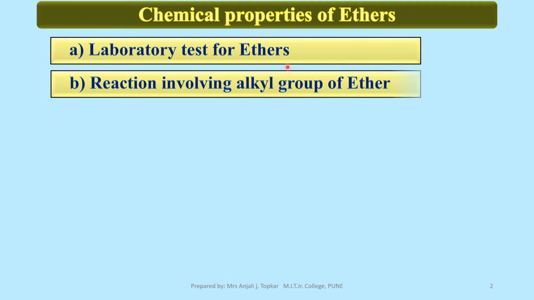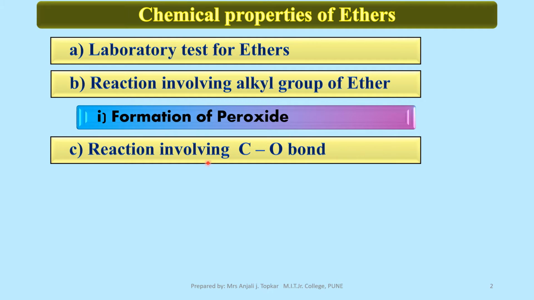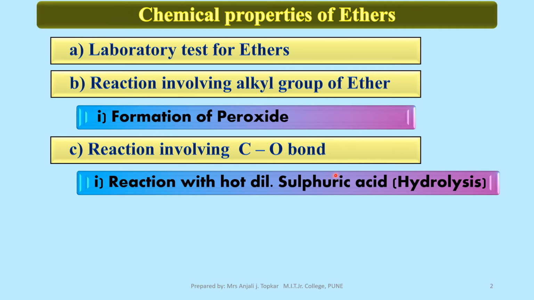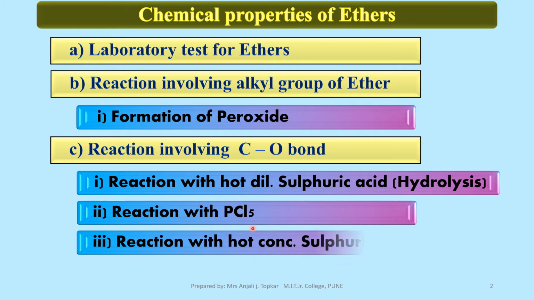Reaction involving alkyl group of ether, in which we are going to see formation of peroxide. Reaction involving CO bond, in which we are going to see reaction with hot dilute sulfuric acid, that is hydrolysis. Reaction with PCl5, phosphorus pentachloride. Reaction with hot concentrated sulfuric acid.